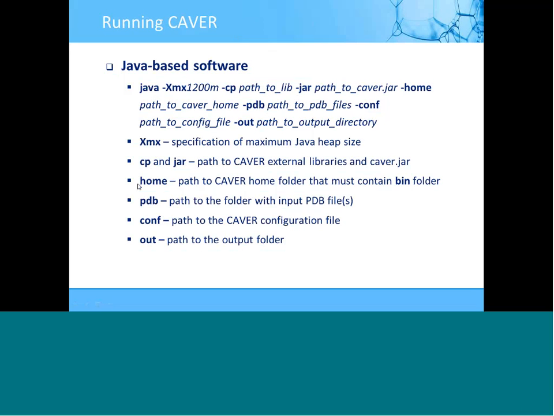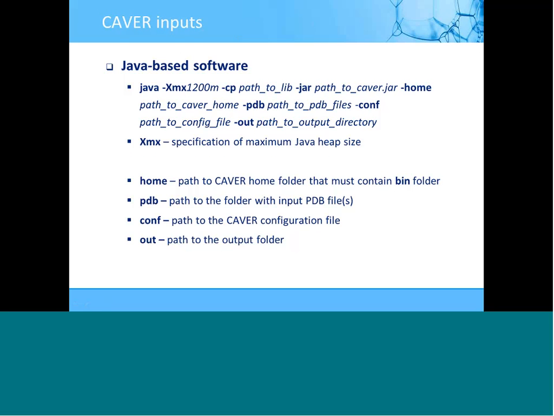Then you have Caver home, which is important. It contains a bin folder, and in this folder there are some templates you may want to modify at some point. Then pdb just points to the folder where you store your PDB file or files of structures you want to analyze. Then you have a switch pointing at the Caver configuration file, and finally the out switch, which tells Caver where to store the results.